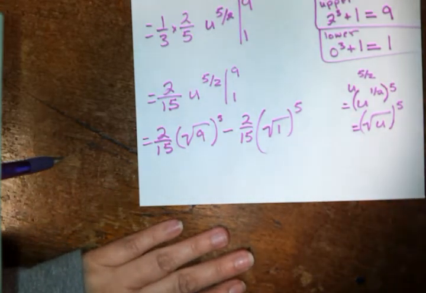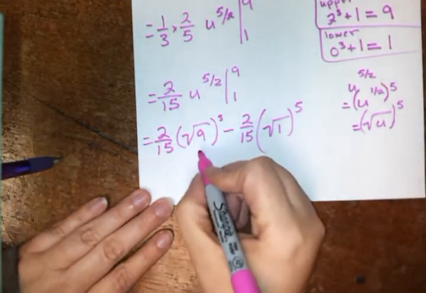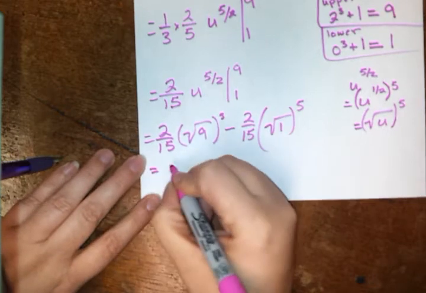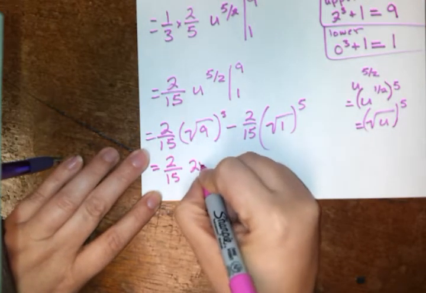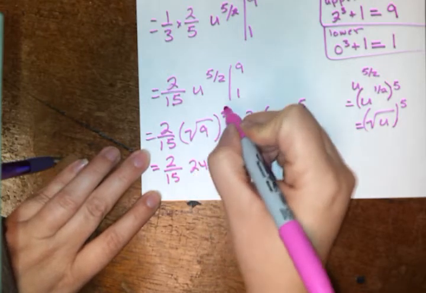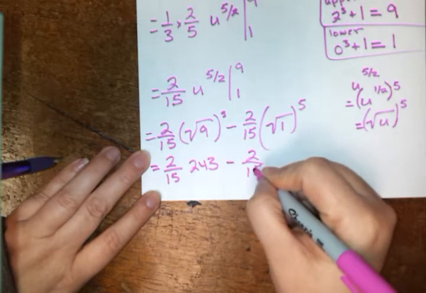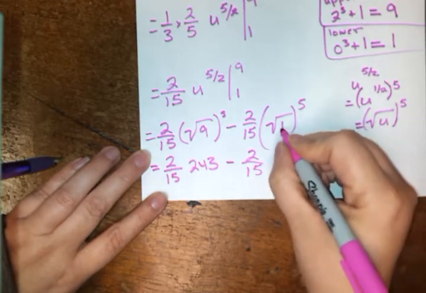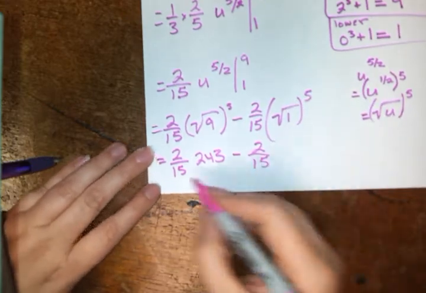Plugging it into my computer right here just so that I don't give you the wrong answer. That's 243. So we've got 2/15 times 243. I took the square root of 9, which is 3, and raised it to the 5th power, minus 2/15 times 1 to the 5th power. Well, that's just 1, so that just kind of stays the same.